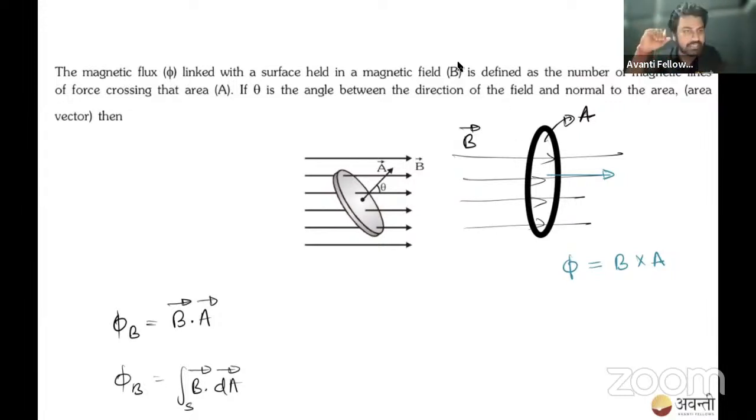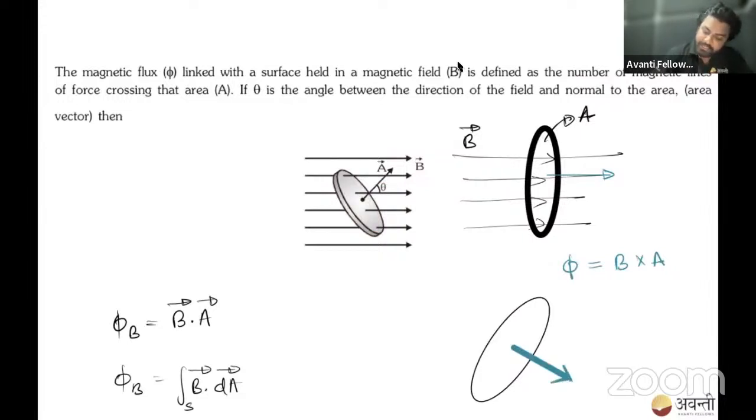If I tilt this area a little bit, now the magnetic field lines are not parallel to the area vector. So we have to take the component which is parallel to the area vector. Let's say I tilted it a bit, and now the area vector is somewhere here, and the magnetic field lines are again in the same direction.